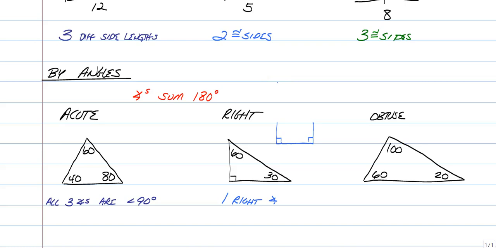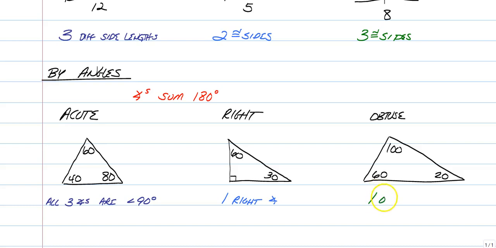So all you've done is create the bottom portion of a rectangle. Also, think about the fact that triangles add up to 180. If you were to do 90 plus 90, you're already at 180, meaning we don't have room for another right angle.